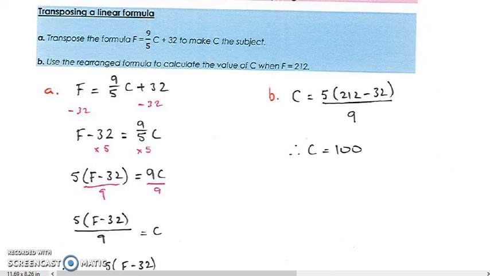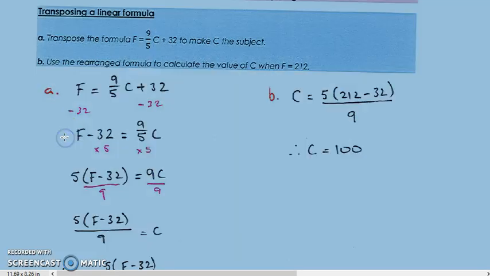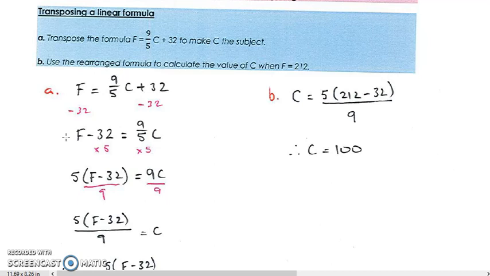Our next line is F minus 32, from that previous minus 32. And the 9 over 5 C will just be by itself, because the plus 32 and minus 32 cancel out.